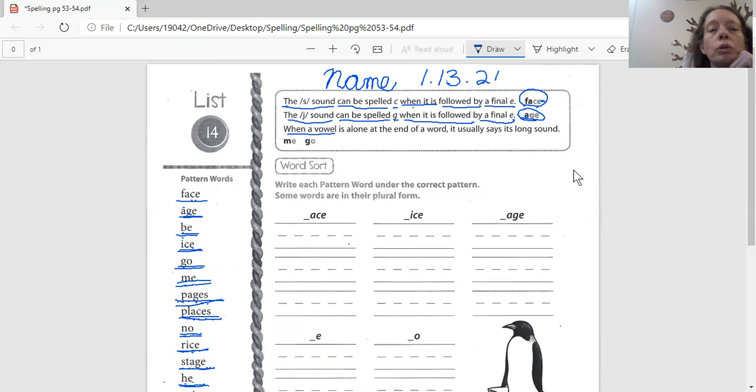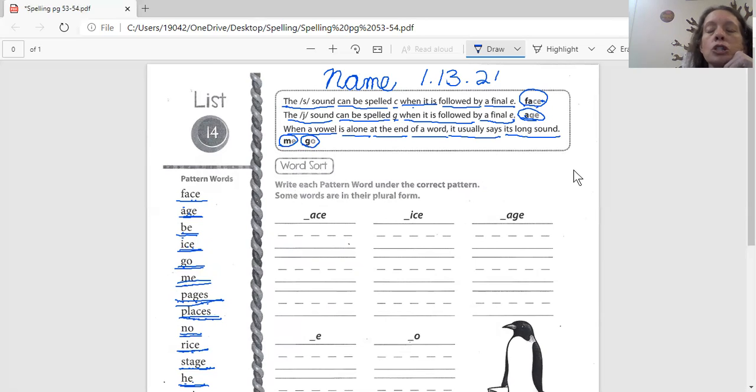When a vowel is alone at the end of a word, it usually says its long sound. My examples are me and go.